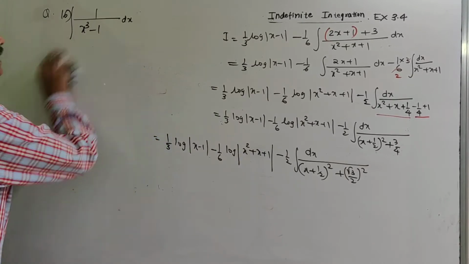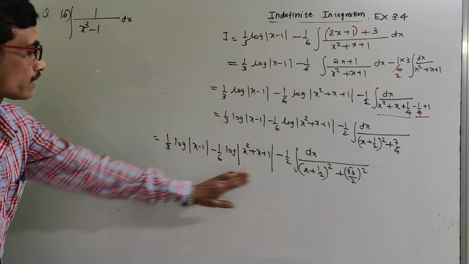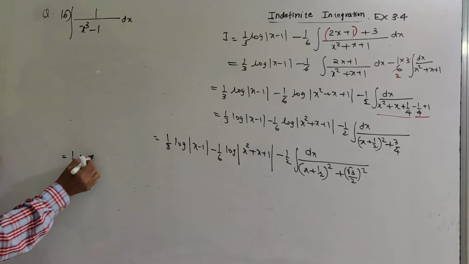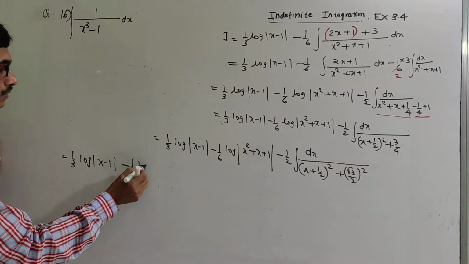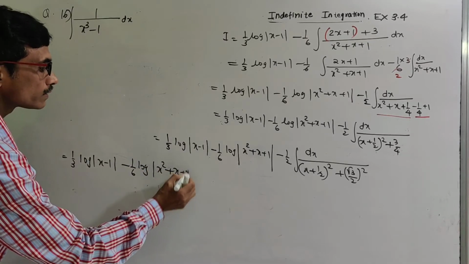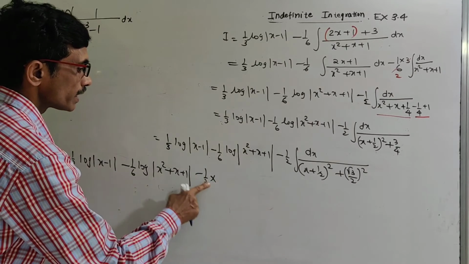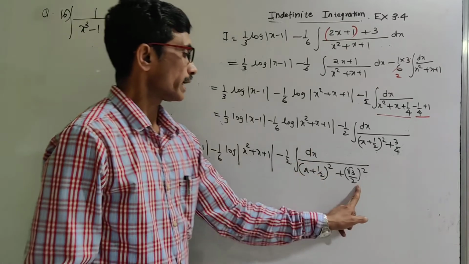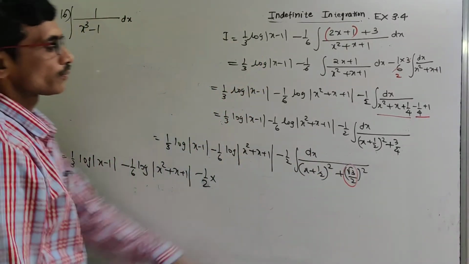1 upon a tan inverse of x upon a. The first two integrals are 1/3 log x minus 1, minus 1/6 log x square plus x plus 1, minus 1/2 into 1 upon a. 1 upon a means what? 1 upon root 3/2.